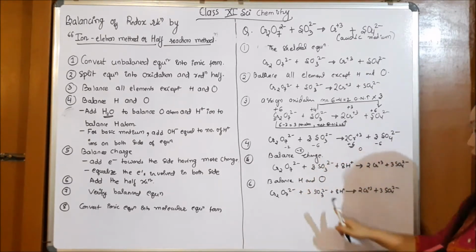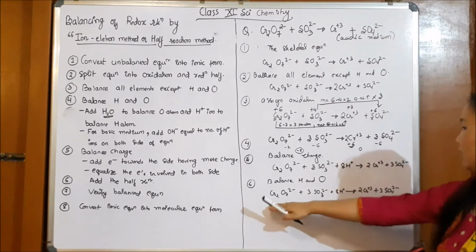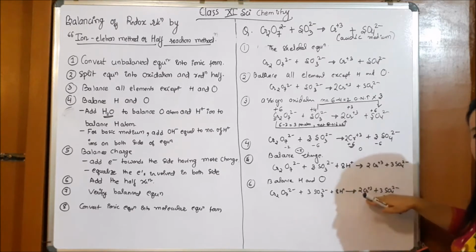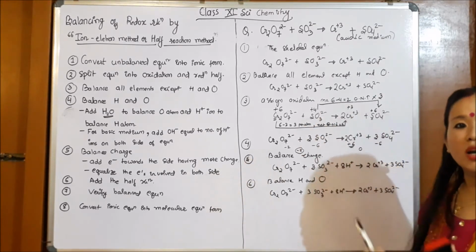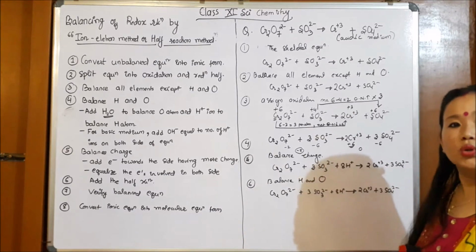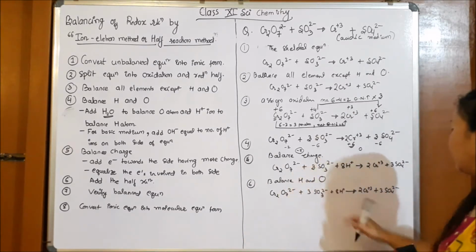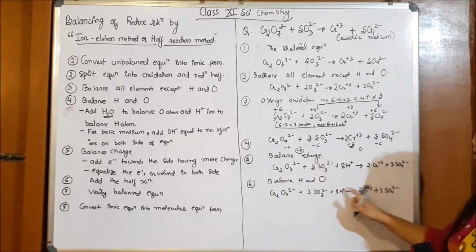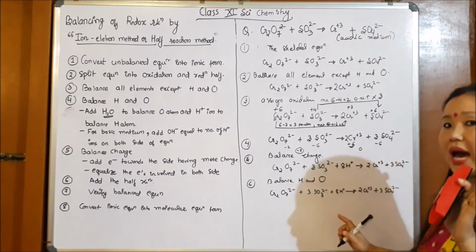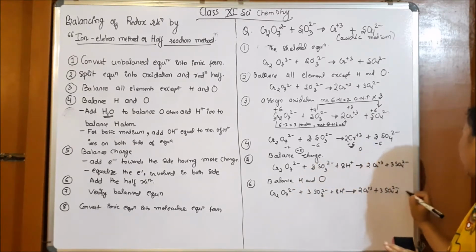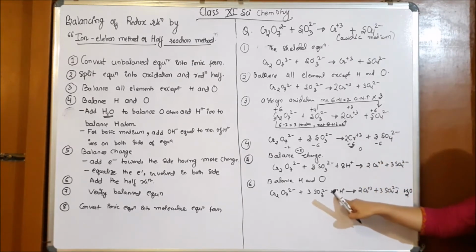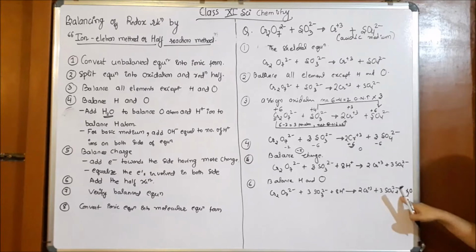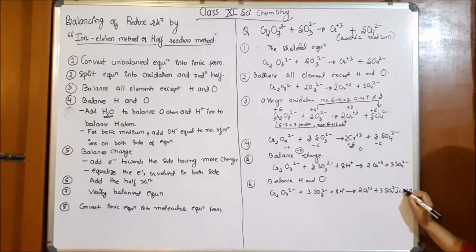Now here you can see the H+ ion is on the reactant side, but not on the product side. To balance H, you have to add water, right? I have already given you the notes, refer to that again. To balance H, you need to add water. How many H2O? The formula you need is 8 H. Two is already there. To make it 8, what do you put in front? 4.